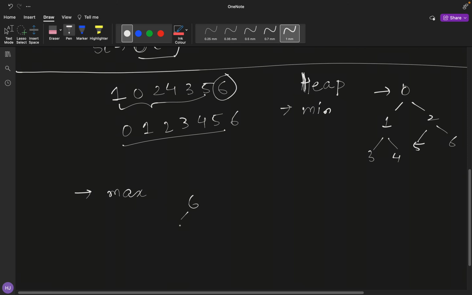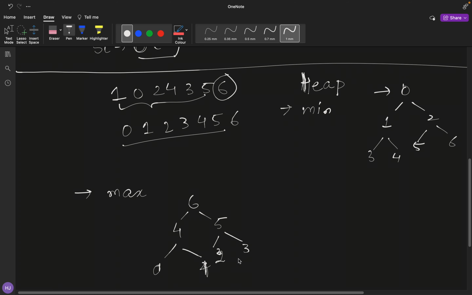If I think of storing my elements in a max heap, what would it have been? It would have been something like this: 6 4 5 1 2 and then 3, 0 and 1, 2 and 3.